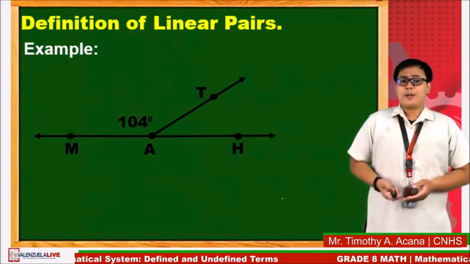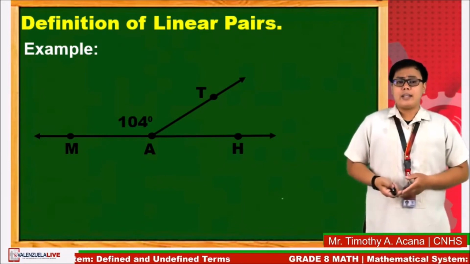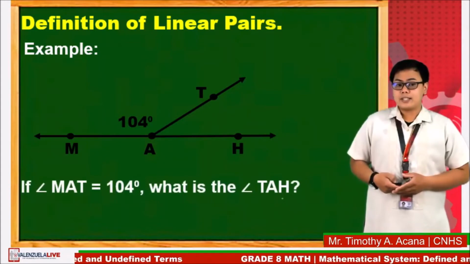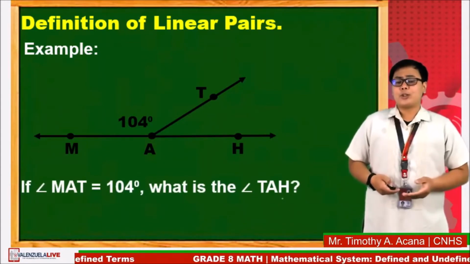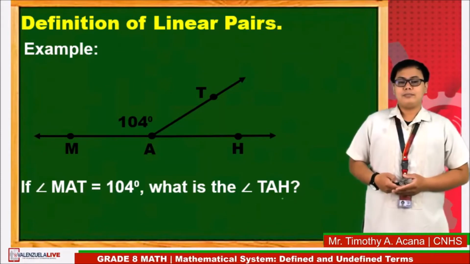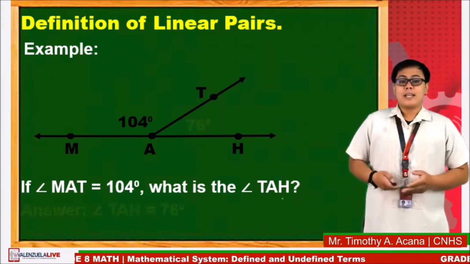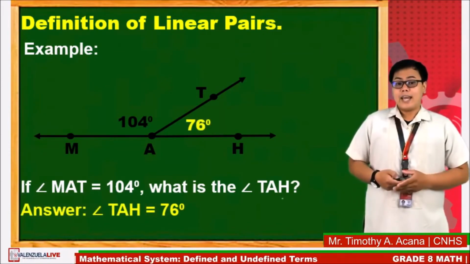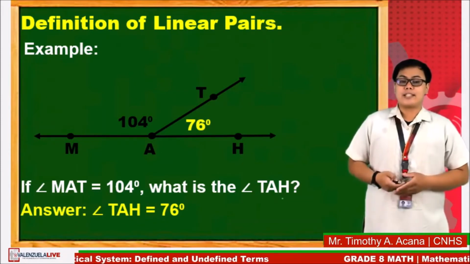In the given figure, if measure of angle MAT is equal to 104 degrees, what is the measure of angle TAH? That is right. Angle TAH is equal to 76 degrees.